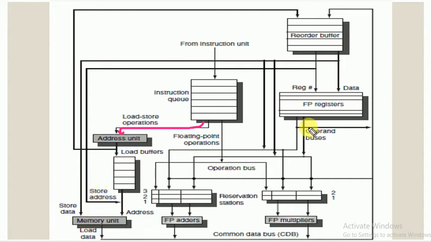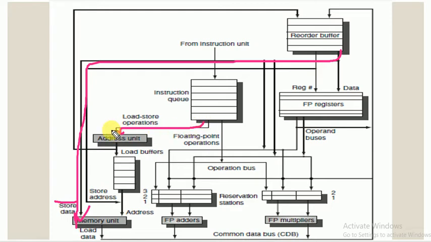The store is done only after getting the result. It will go through the reorder buffer, and after that it is to be committed, and that final value only needs to be stored into the memory unit. That is why we are not maintaining any store buffer here, which was there in the Tomasulo diagram.